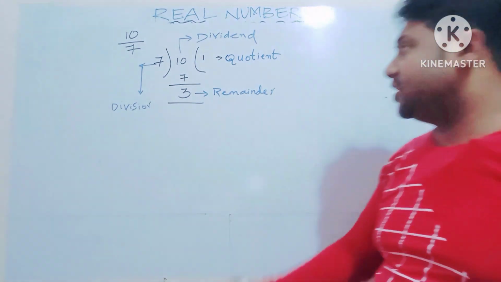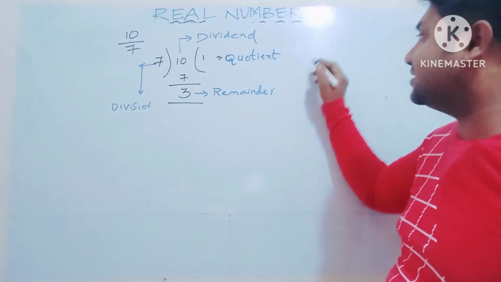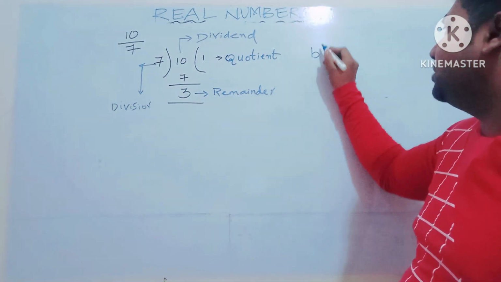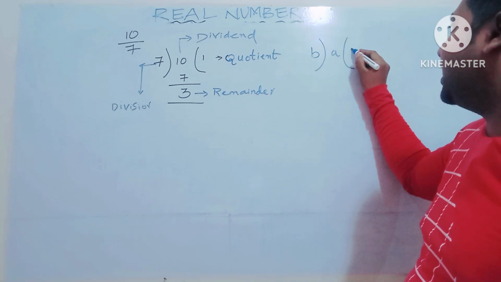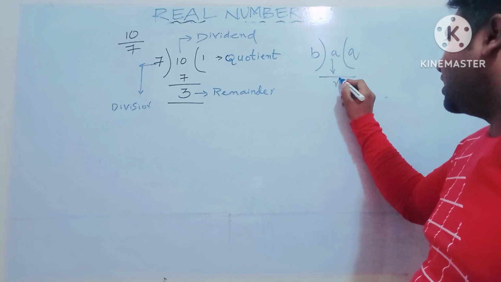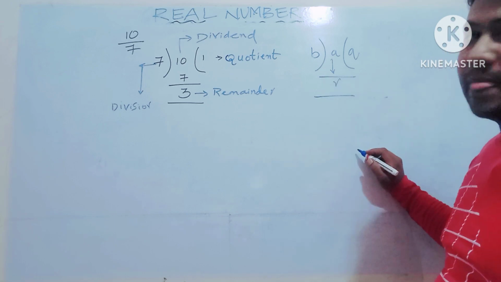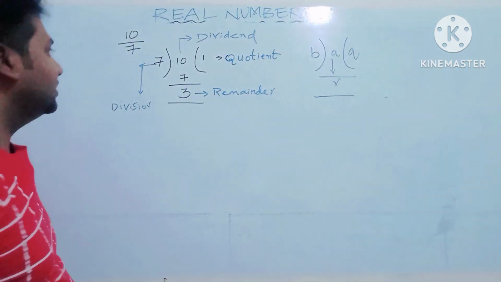So on comparison I can write this as b which divides a and has quotient q, and on division it gives remainder r. So we know the rule. What is the rule for division?